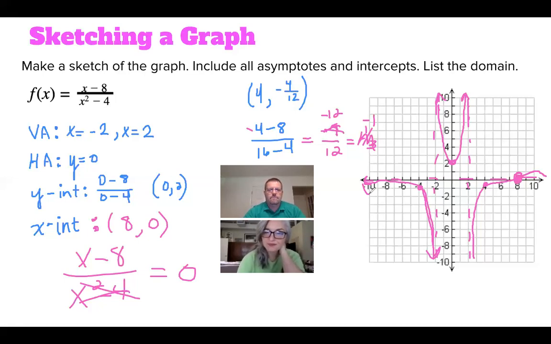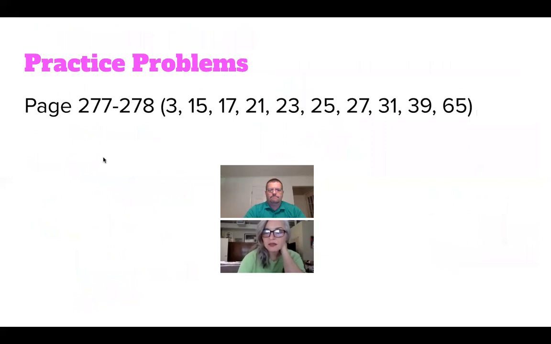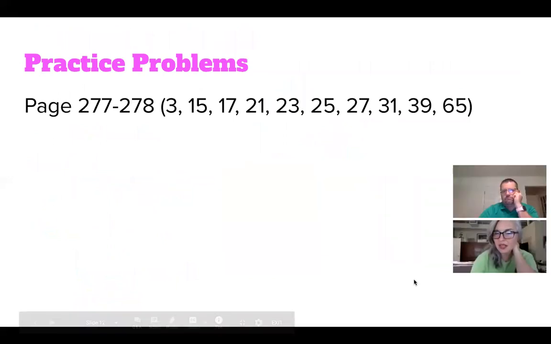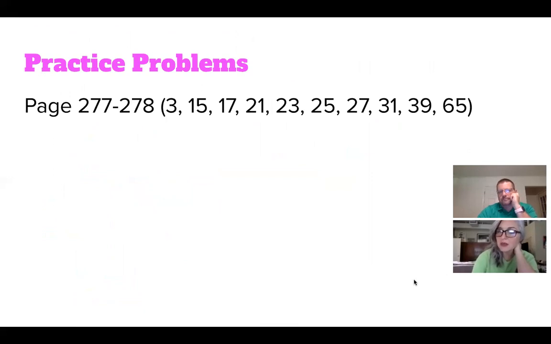All right, so we'll clear all that out. Now, guys, we know we're going to ask you to graph and you're going to have a calculator, but you do need to have a method to finding it. So the expectation here is we might say graph this rational function, show your work.